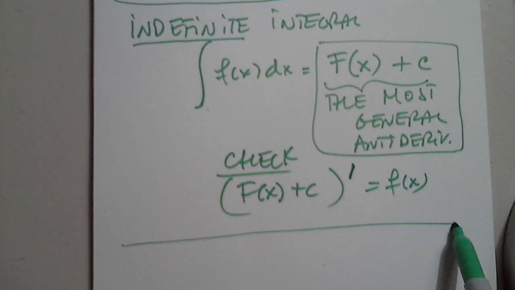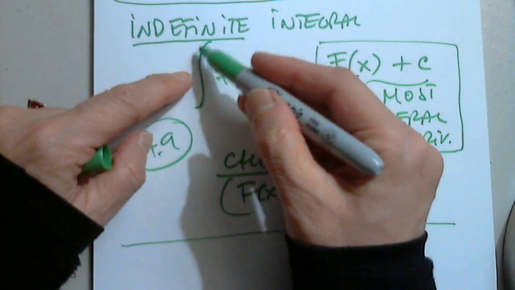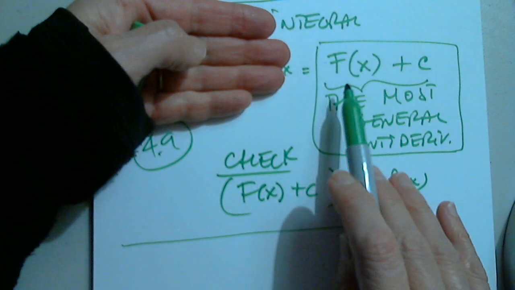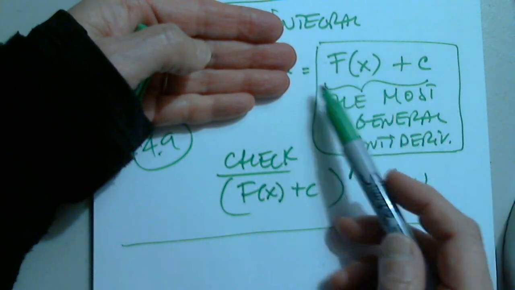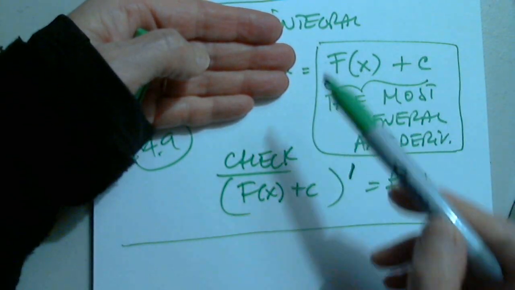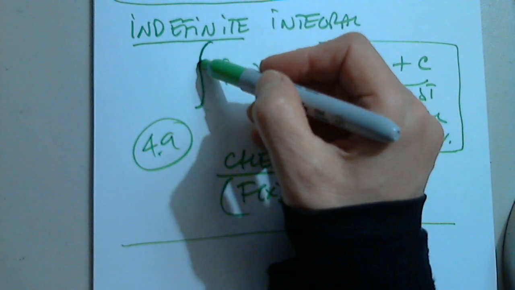So this was the first thing we did in section 4.9, but I did not use this symbol. Now we can. We only determined the most general antiderivative, or if we were given an initial condition, we determined one function. Now we are ready to just use the symbol.